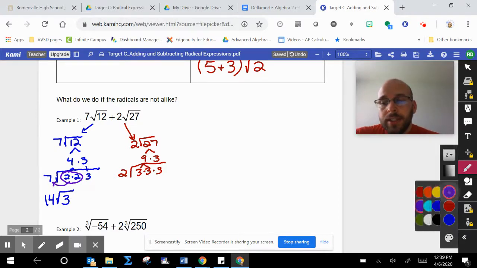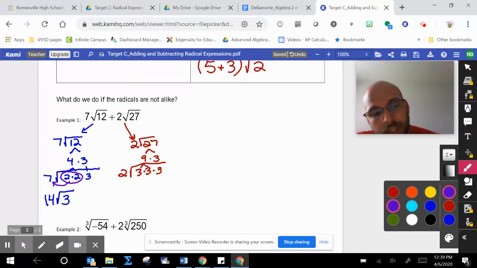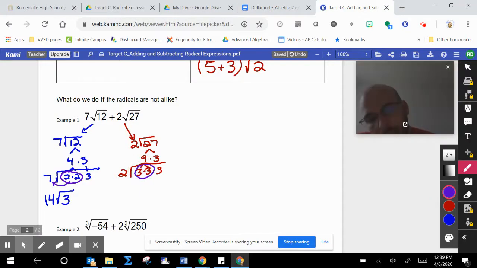Now, using the same rules that I did on the last one, I can pull out a 3. Okay, so if I pull out a 3, I'm going to multiply that value times 2, so that's going to give me a 6 square root 3.